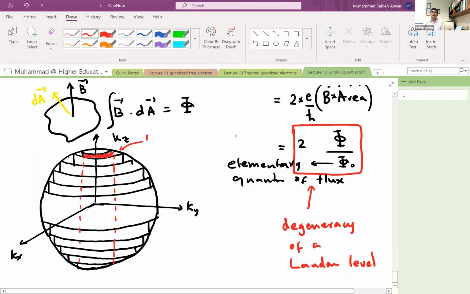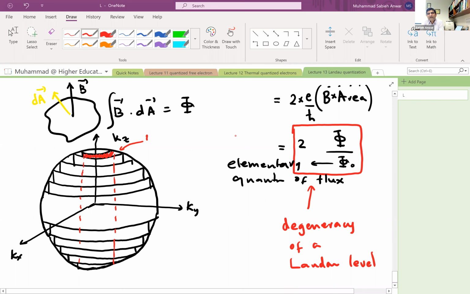Now, when you draw in the n space, you remember that kx equals nx 2 pi over L, and nx, ny, and nz, which are the quantum numbers, can take positive values. So if you draw not the k space, but the occupation number representation space, which is the n space, only then you need to take the octant, one octant.